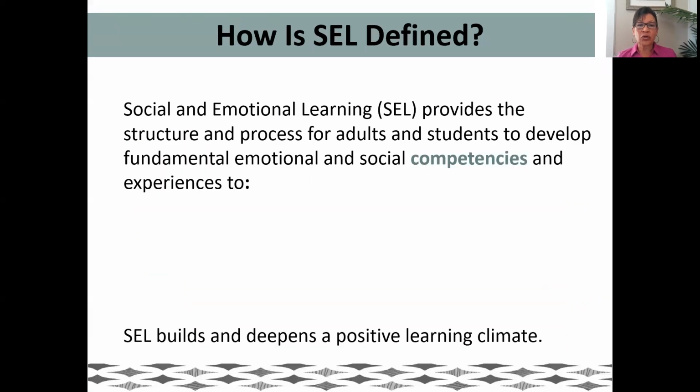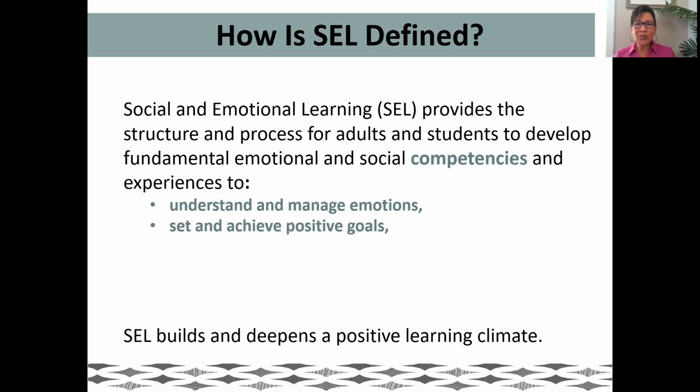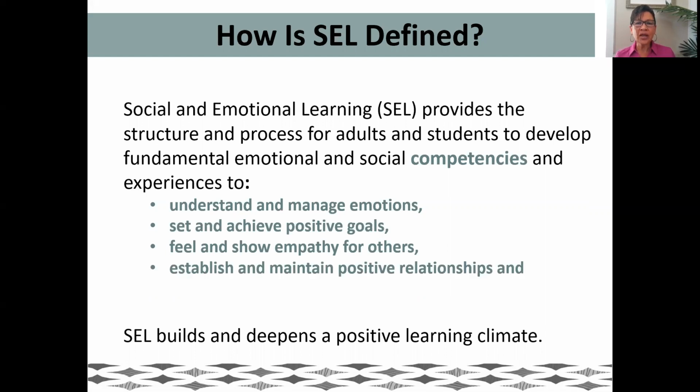When we think about defining social emotional learning, it's a structure, a foundation of processes that helps both teachers and our students to develop some of the things that we fundamentally need: competencies for emotions and for interactions with others, and tools to understand, name, and manage our emotions as opposed to our emotions managing us, to set our goals and then achieve them, to feel and show empathy for others, and to have compassion for ourselves, to establish and maintain positive relationships because we need them to be successful in every aspect of life.